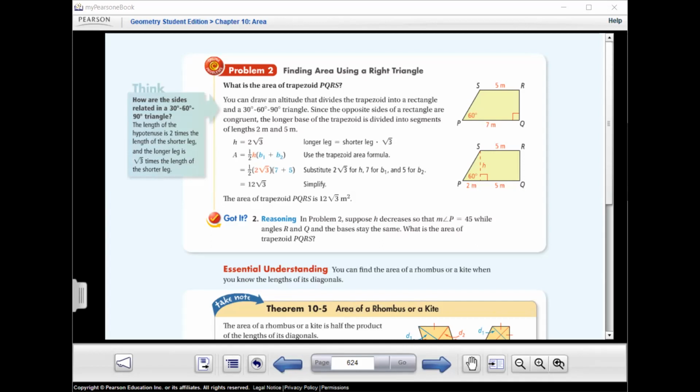I have the length of the two bases, but I don't have the length of the altitude. So the first step is to draw a line segment that connects them, and we name it an altitude.